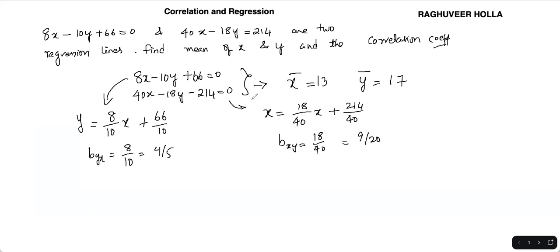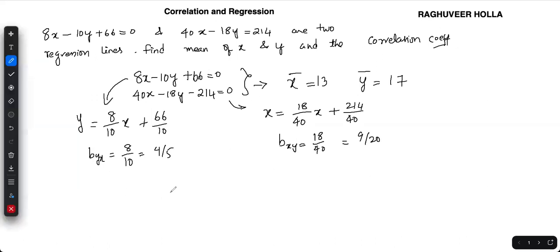And to find the correlation coefficient, which is r, it is the square root of the product of the coefficients, y on x and x on y, so 4 by 5 multiplied by 9 by 20. So this is 0.6.